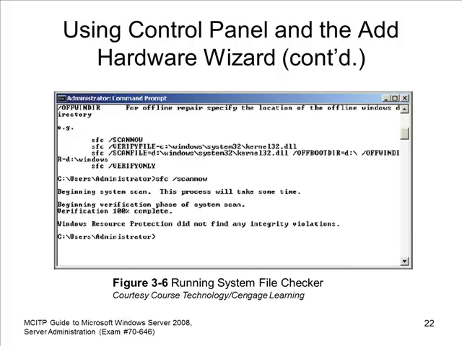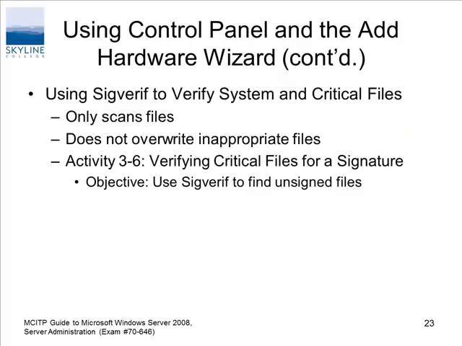System file check has been available for some time, but it allows you to check the operating system. Sigverif, and don't put too many letters in here, verifies system and critical files, only scans the files, doesn't overwrite inappropriate files, and all these activities are the ones in the book to look at.